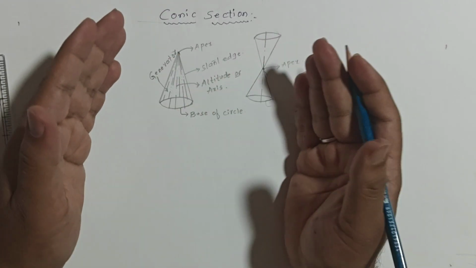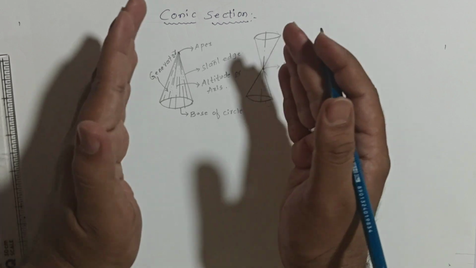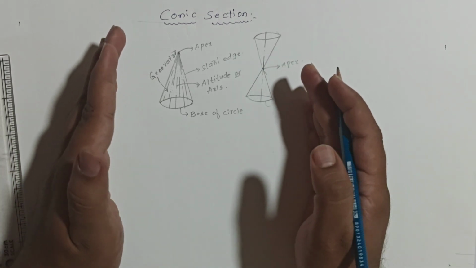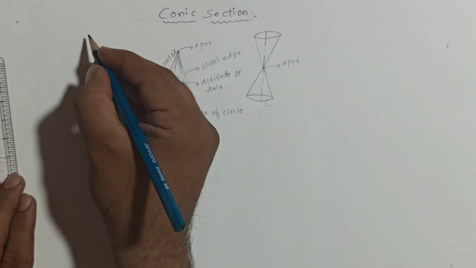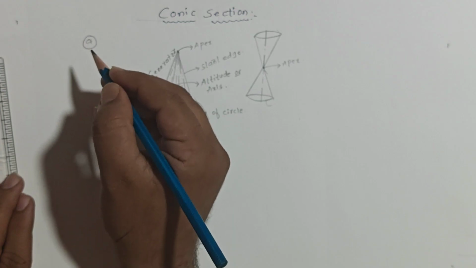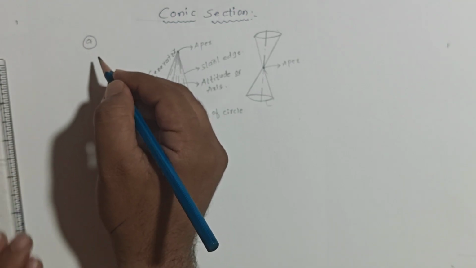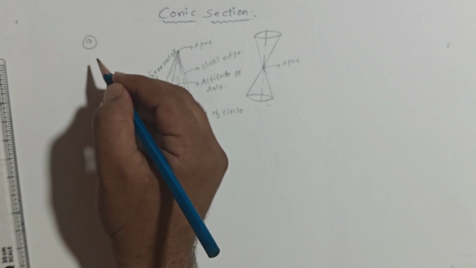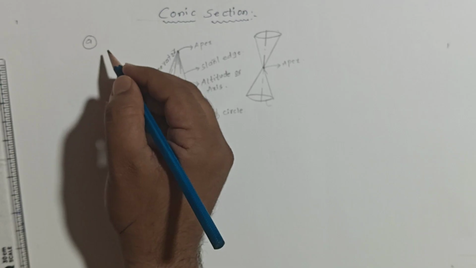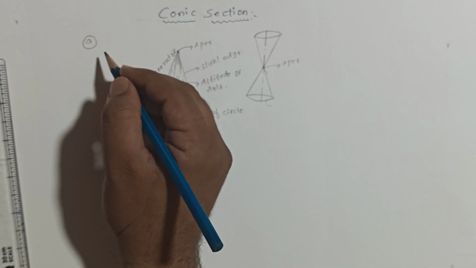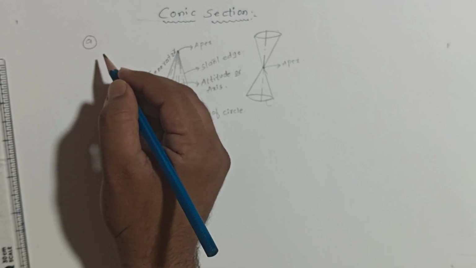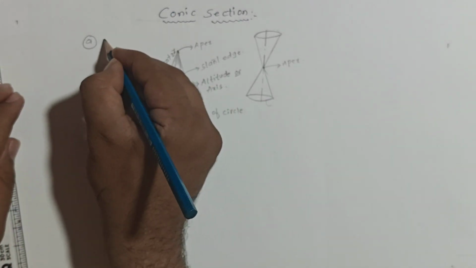If you cut the cone, then we will get different shapes. Like we will get the shape of an ellipse, we will get the shape of a parabola, we will get the shape of a hyperbola. Meanwhile, we will also get the shape of a circle. Clear? Then, so I will write here.